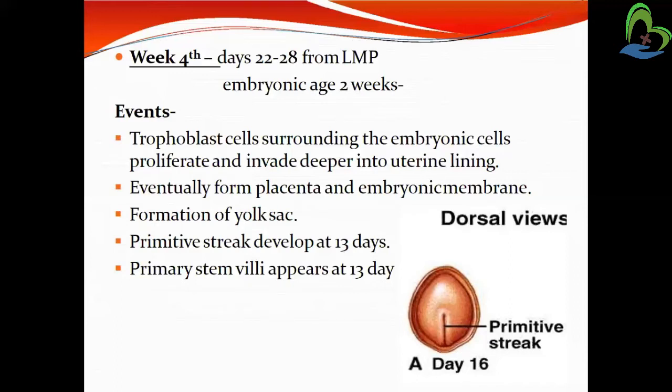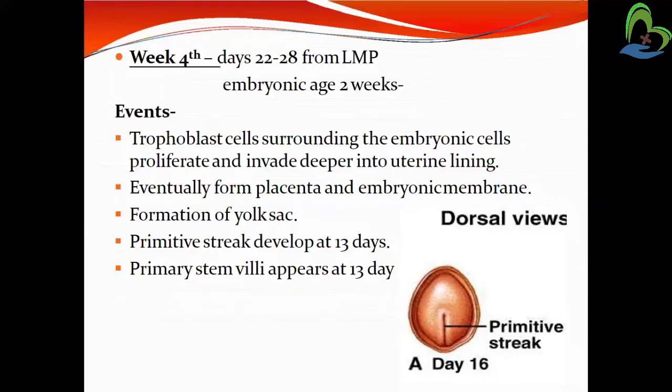The trophoblast cells surrounding the embryonic cells proliferate and invade deeper into the uterine lining. Eventually they form the placenta and embryonic membrane.